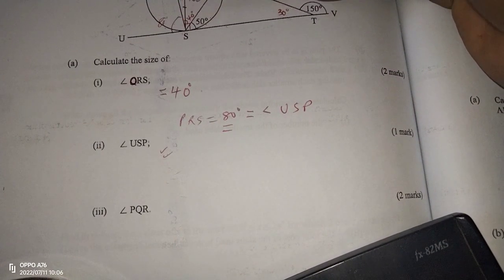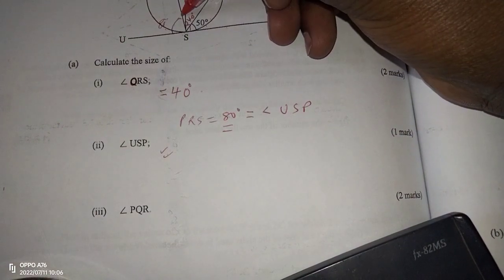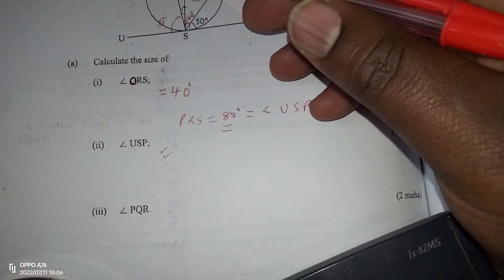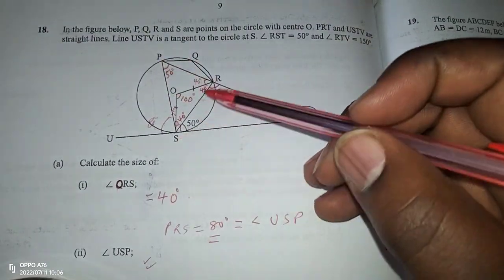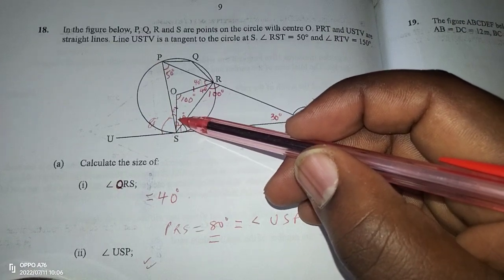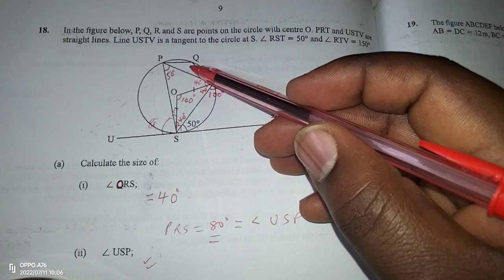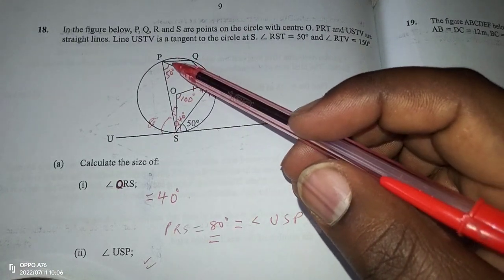Now that we have 80, we have 40, and we have 50 degrees, it means this is going to be 10 degrees. So with 10 degrees, it means the angle PSR is equal to 50, because we have 10 and 40.